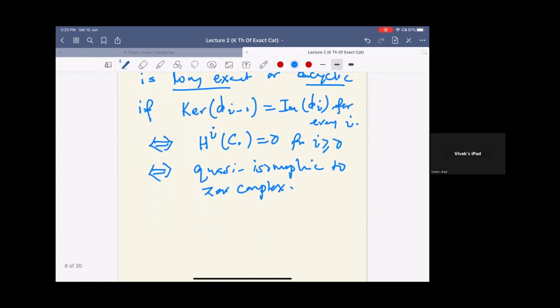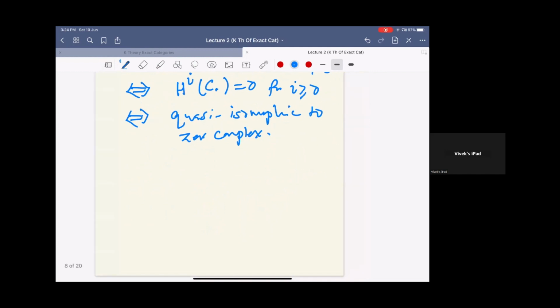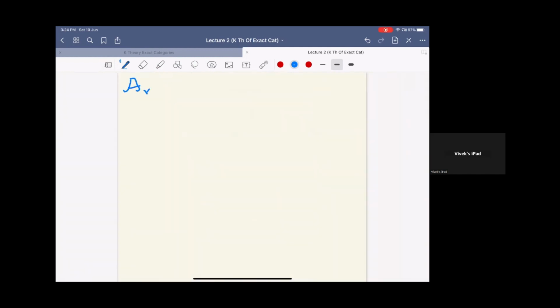Okay. So suppose given a chain complex in an abelian category with differentials d_i and d_{i+1}.